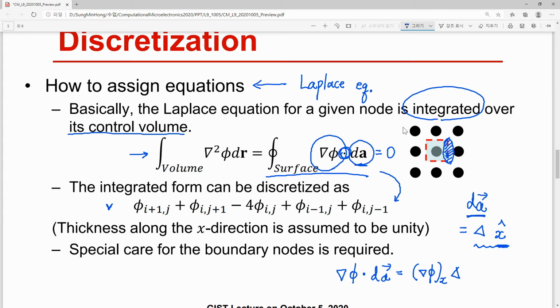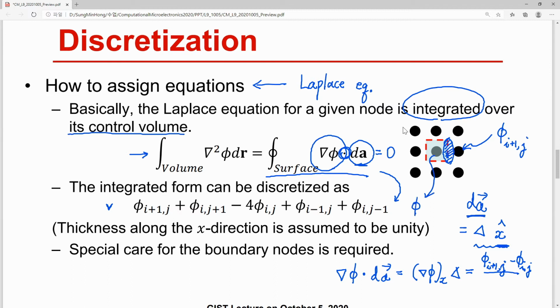Then how can you approximate the x-directional component of this gradient of phi? It can be easily approximated as phi i plus 1 comma j minus phi i comma j. This is corresponding to phi i plus 1 comma j, and this is corresponding to phi i comma j. Take the difference and divide it by the distance between them.